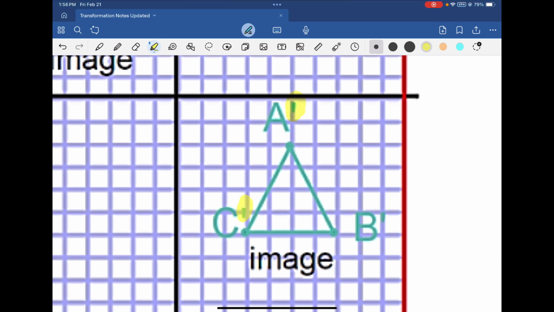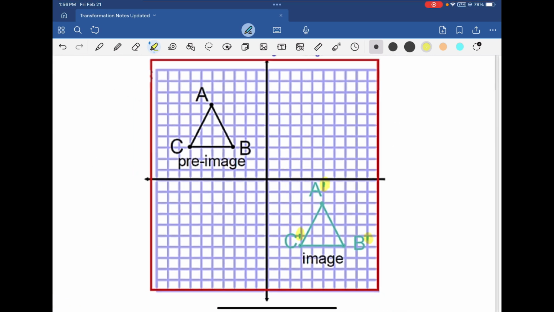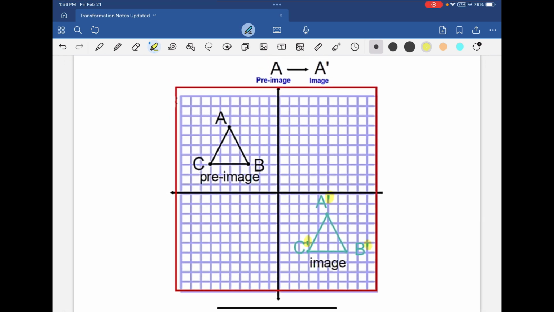That dash above the A, the dash above the C, and the dash above the B. We say that as A prime, B prime, C prime. The prime means that we have created a transformation and now it's not the same as the original image. It has shifted in this scenario. We shifted down and to the right, okay?